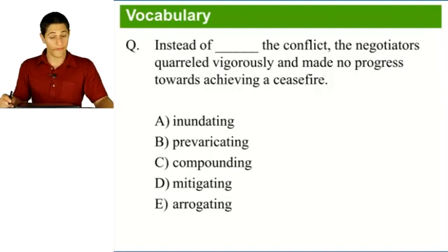Inundating, prevaricating, compounding, mitigating, and irrigating are all pretty tough words. And here, unlike the last exercise, where we have the word stationary as an easy eliminate, we're really given no easy breaks. If you know these words, you'll be able to guess and possibly add another point to your score. And that's exactly why it's important to memorize those vocabulary words.